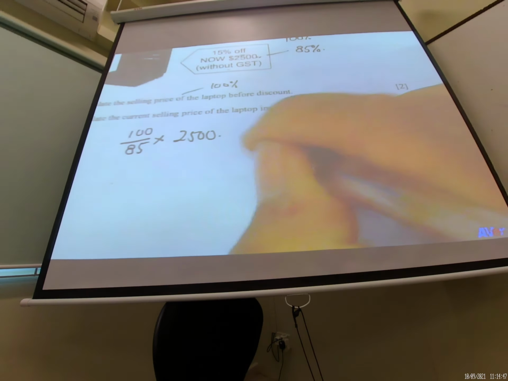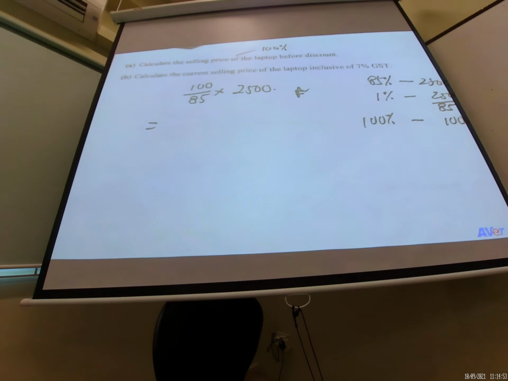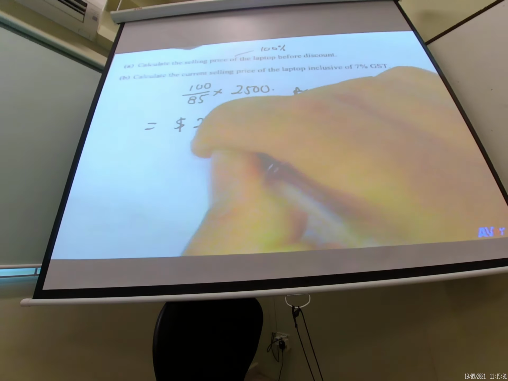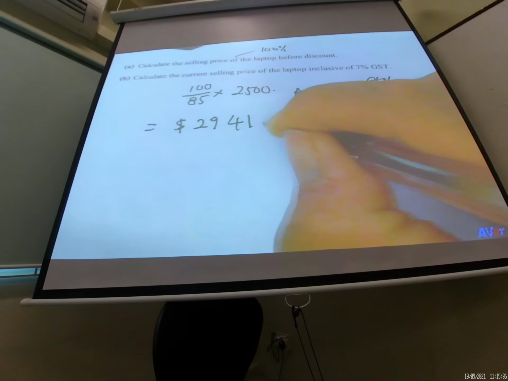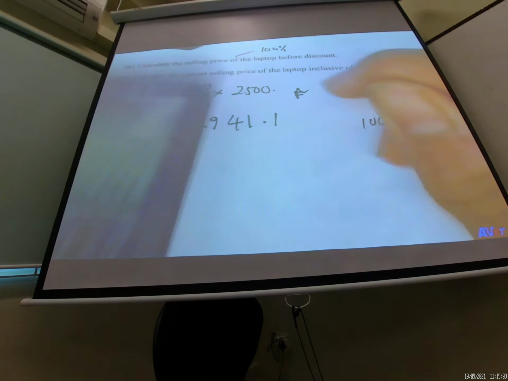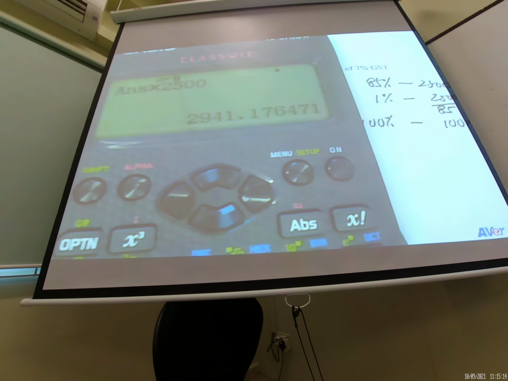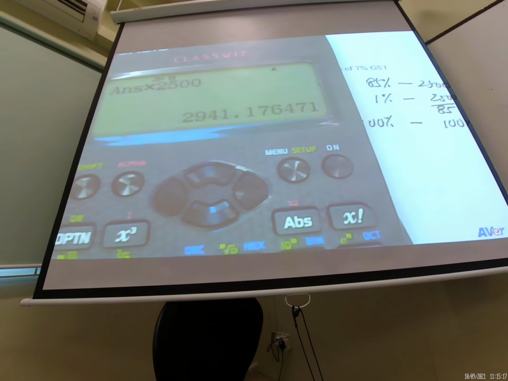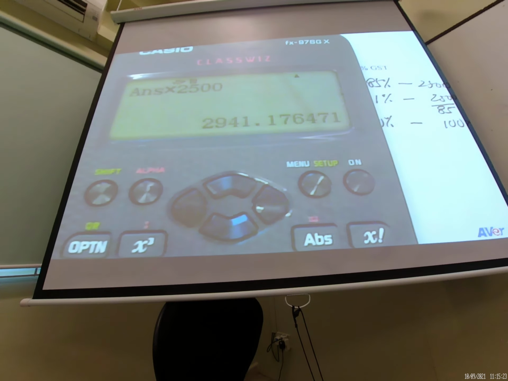Press the calculator, you will get your answer. The calculator shows 2941.176. For money, because our smallest unit of money is the cent, 5 cent, 1 cent, 2 cent, 3 cent.